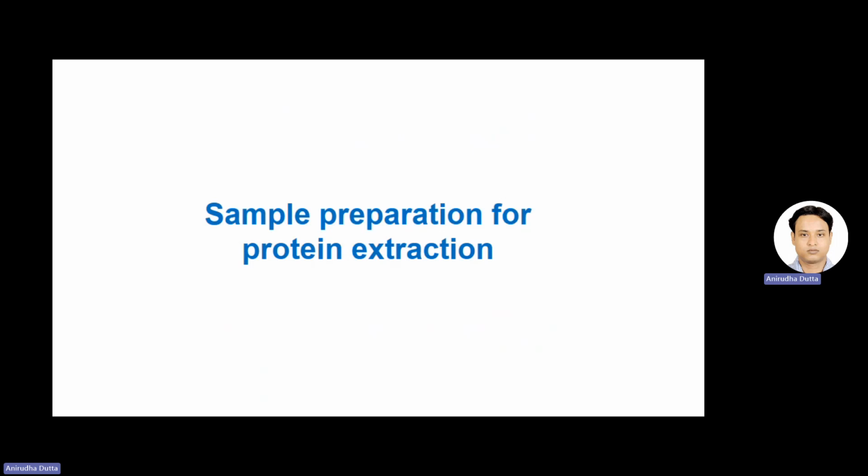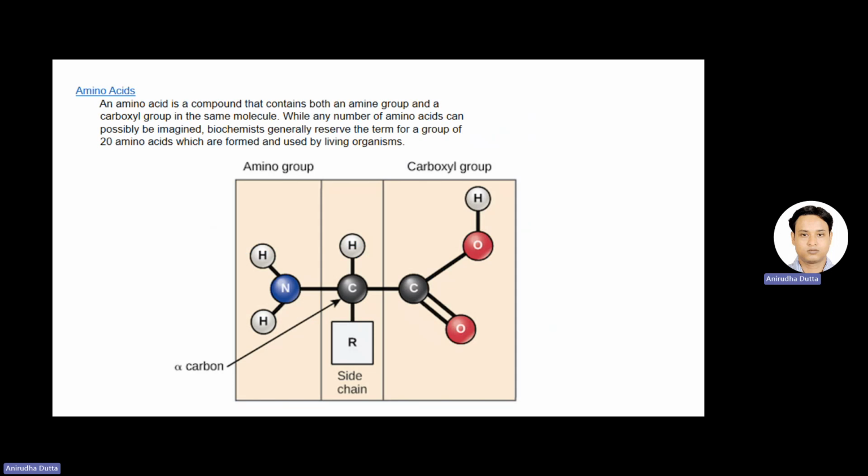As you all know, proteins are polymers of amino acids. Amino acids are small biological compounds that have an amino group, an acid group, and an R group. That R group determines what kind of amino acid it is. There are 20 different amino acids. They vary from each other due to their R group.